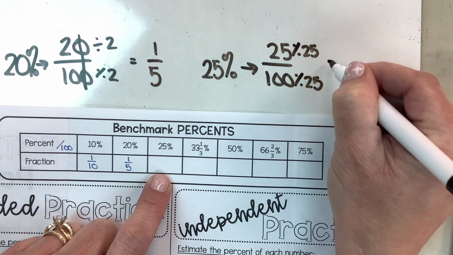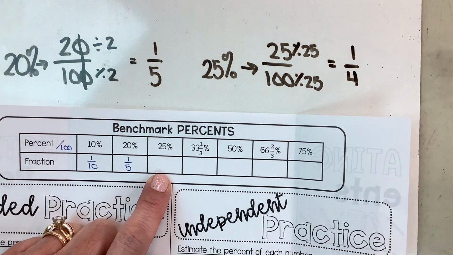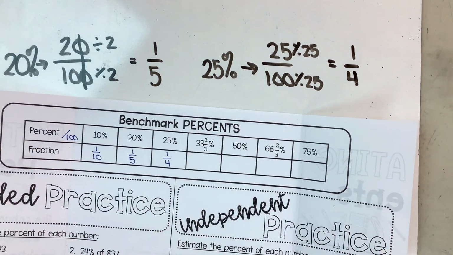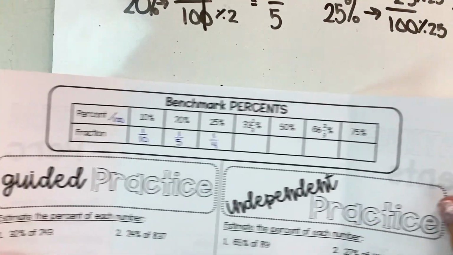And that reduces down to 1/4. So our benchmark percent is going to be 1/4. Okay? Alrighty, so let's continue that. You should be able to work these out. These are ones that you probably want to actually memorize as they come up quite often.